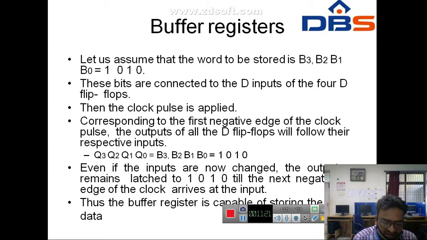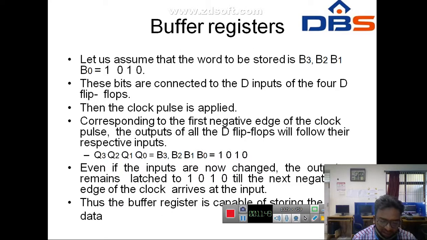Registers are commonly used for the temporary storage of binary information within a digital system. This storage capability makes it an important type of memory device, and this is one of the functional characteristics of the register.